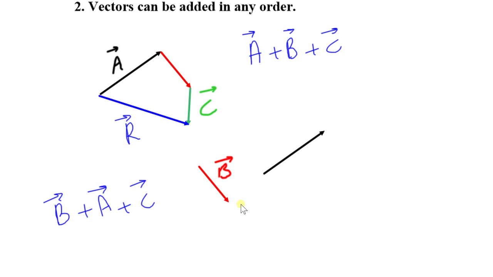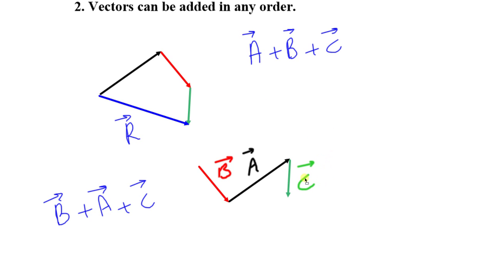So again I follow the same method, head to tail. The tail of A must be placed at the head of B. And this is A. Now C, again, the tail must be at the tip of A. Here we go.